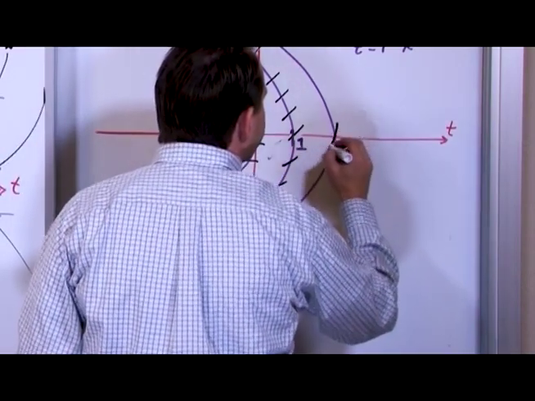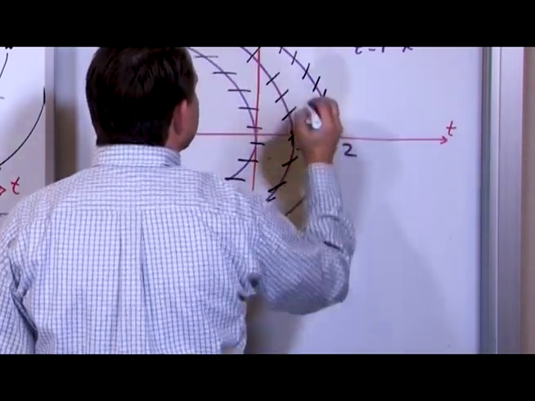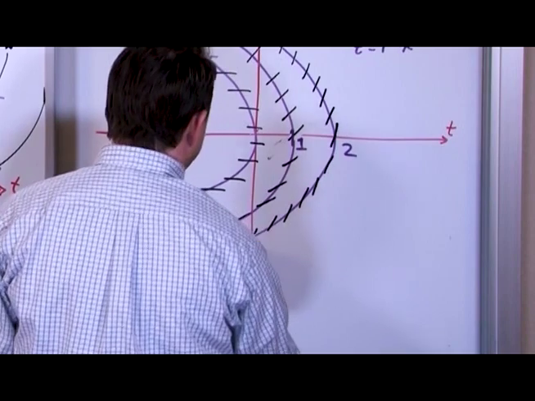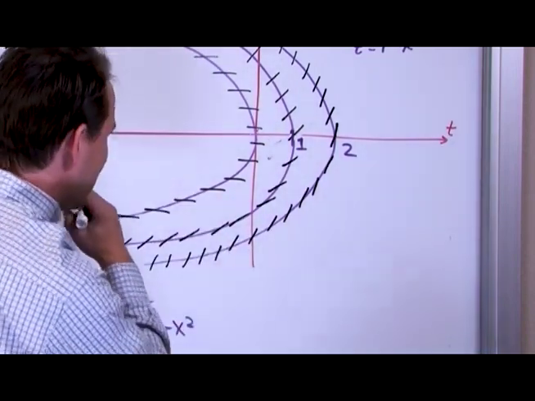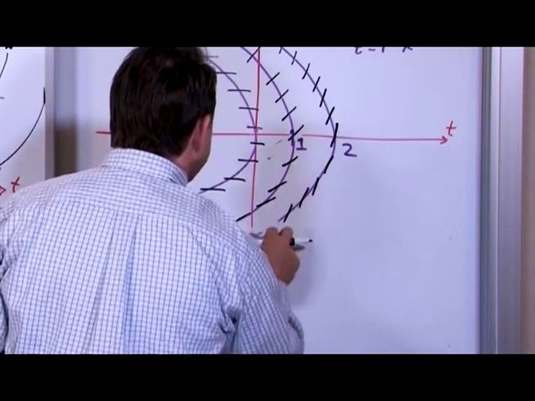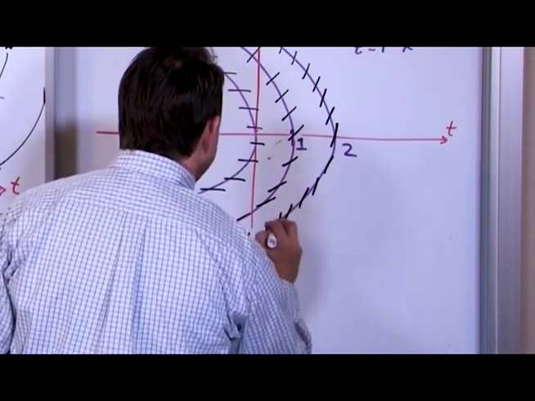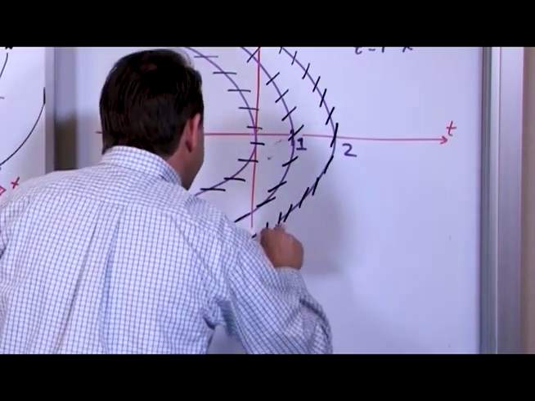It's going to be something like this. t is equal to 2, m is equal to 2. Something like that. Not totally perfect, especially down here. I didn't quite make them steep enough. Something like this, okay? Let me try to go ahead and connect my isocline here.